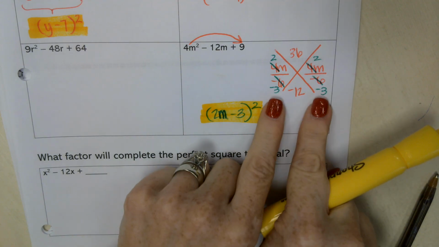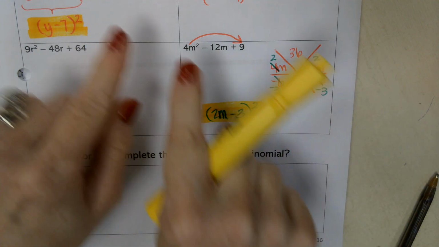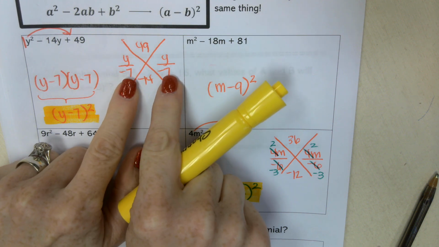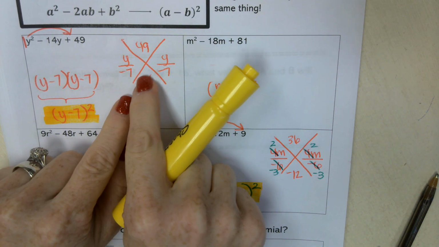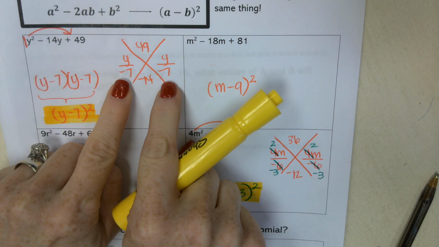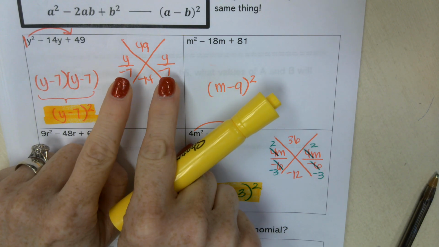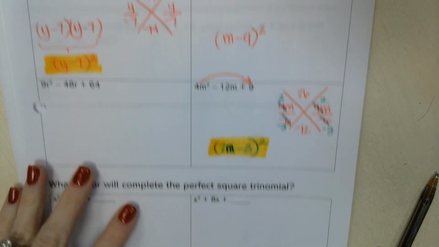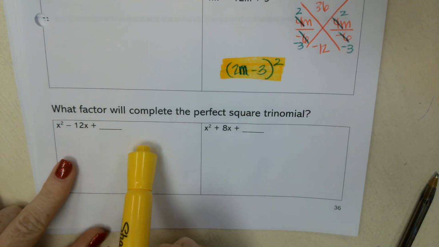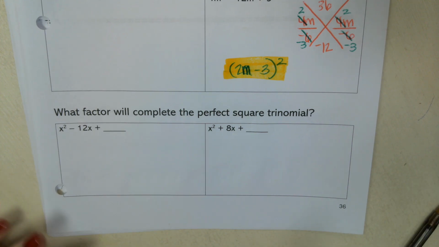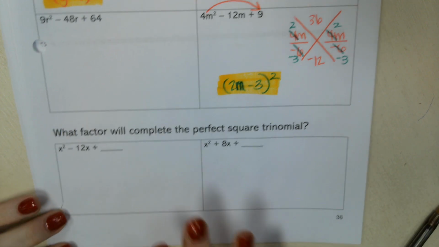Now, do you see these were the same thing, right? They multiplied to give you 49, but they added to give you negative 14. If I take this negative 14 and I cut it in half, that gave me these negative 7s that I multiplied together to get that positive 49. Now, I want to know, what would the number have to be in the back to make this a perfect square trinomial?